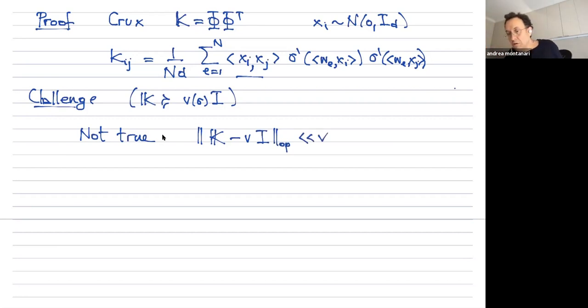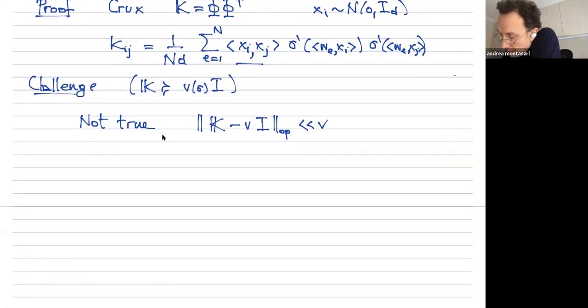So it's not concentration. This is lower bounded by a constant times the identity, but it's not very close to a constant times the identity.